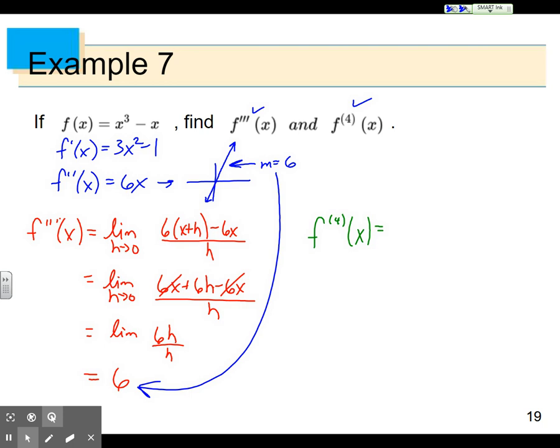So using that same reasoning over here, if I was to graph the line y equals 6, 1, 2, 3, 4, 5, 6, it's just a horizontal line. And the slope anywhere on a horizontal line has to be 0. So the fourth derivative of this function has to be 0.